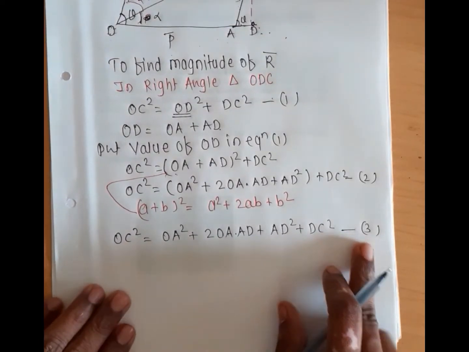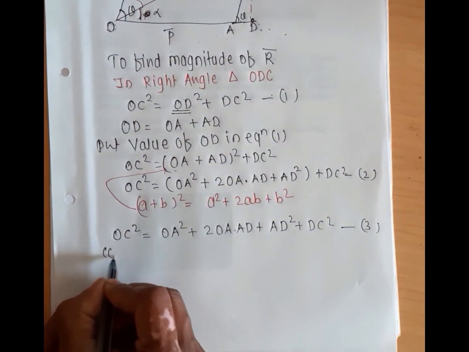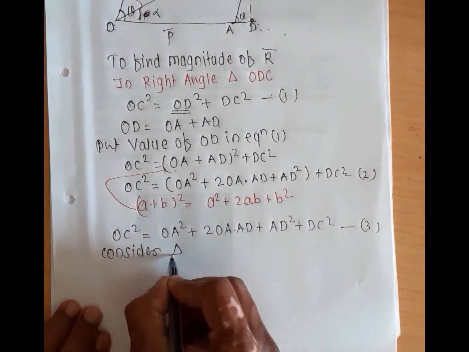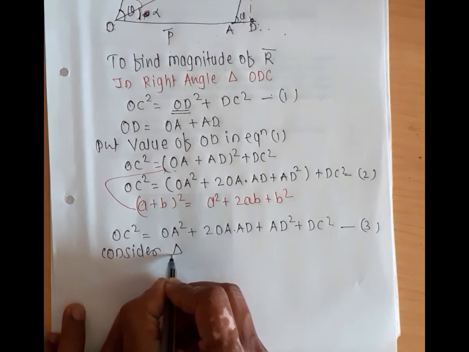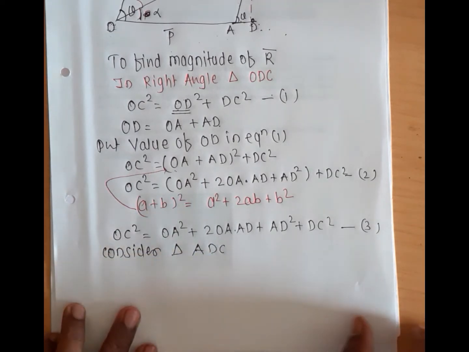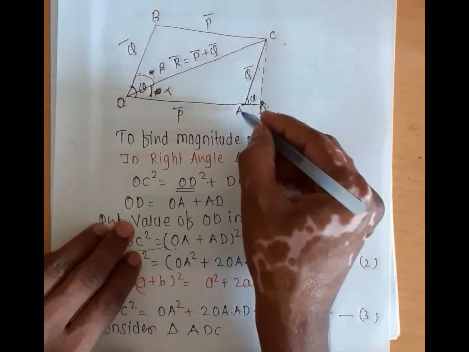Then see, now we consider another triangle, triangle ADC. Those are given in your diagram. See here, ADC.